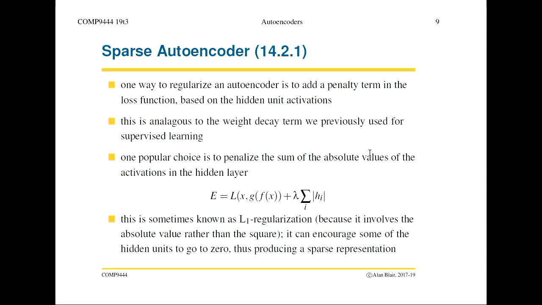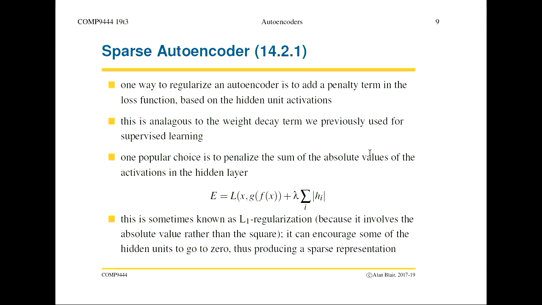So this is analogous to the weight decay term we previously used for supervised learning, but instead of trying to keep the weights small, we're trying to keep the values of the hidden units small.